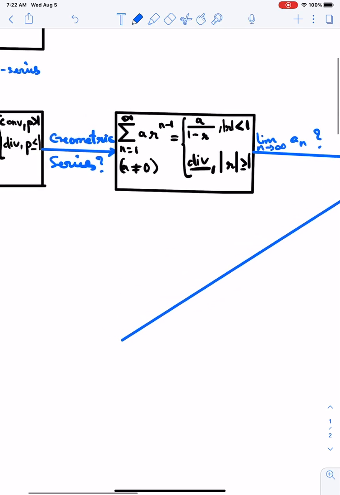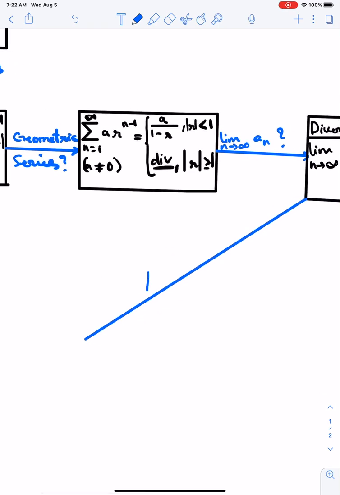So ask yourself the question for the first case: are the a sub n terms bigger than or equal to 0? The majority of our cases will fall into this category.